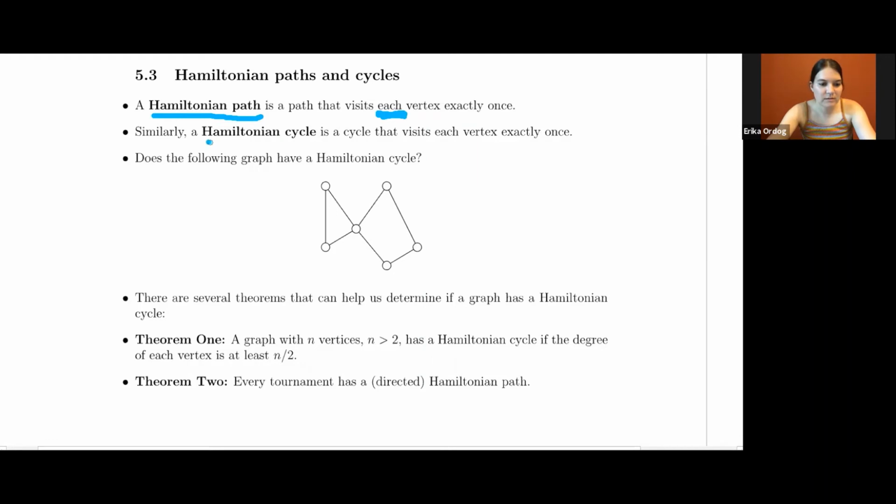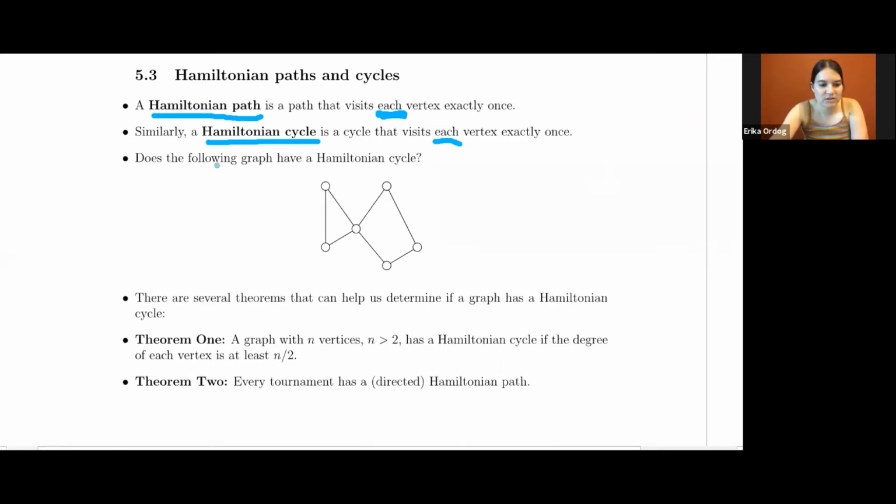And similarly, a Hamiltonian cycle is a path that starts and ends at the same vertex and visits each vertex exactly once. This doesn't have to be for a directed graph, but you can define this for a directed graph just by making sure you follow the edges in the correct direction.